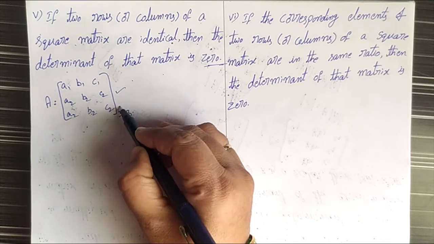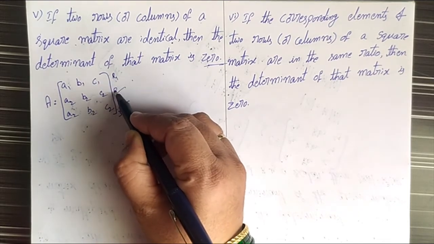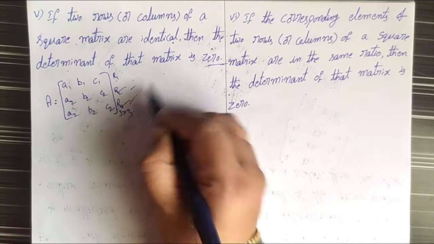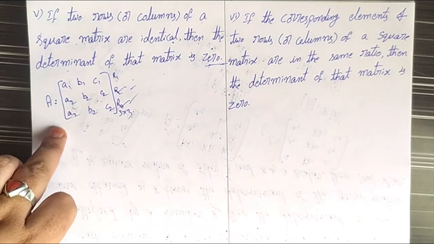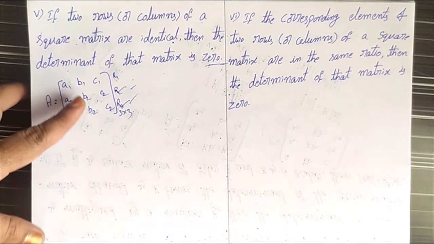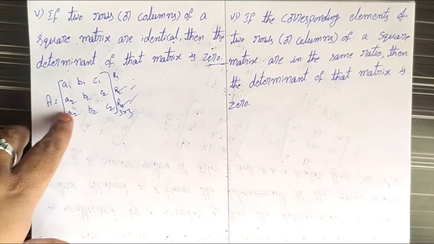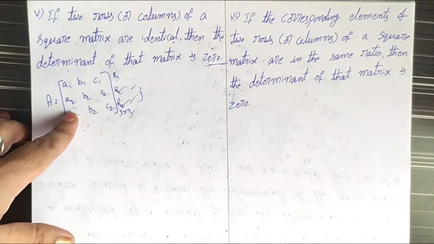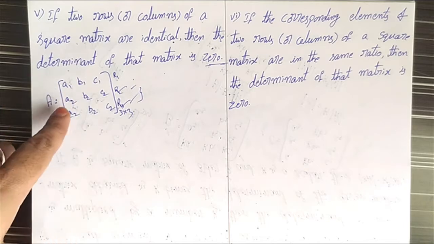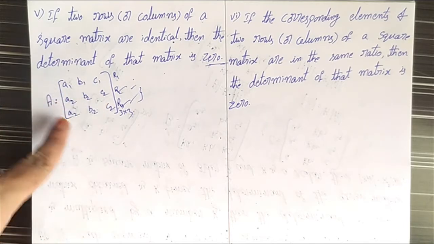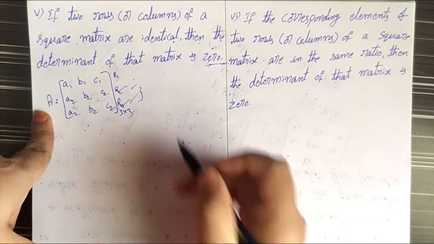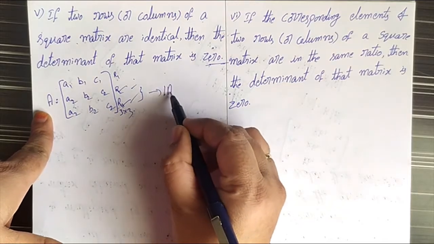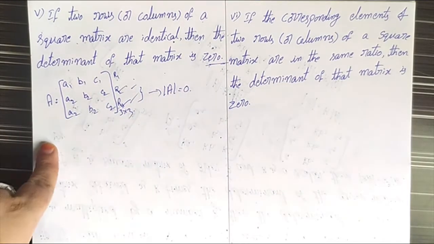These rows are R1, R2, R3. R2 and R3 are identical: a2, b2, c2 and a2, b2, c2. Then we call R2 and R3 identical to each other. If any two rows are identical to each other, then that matrix determinant value is equal to 0.